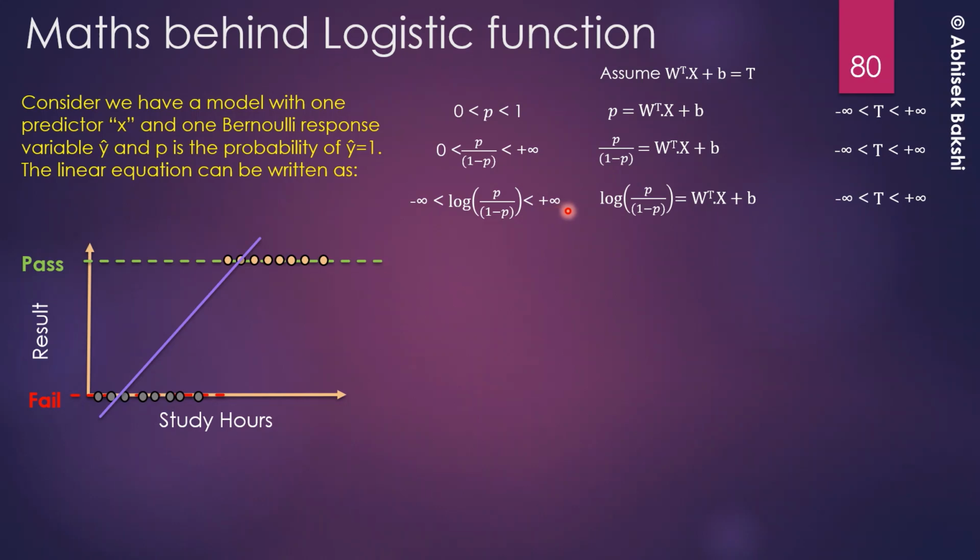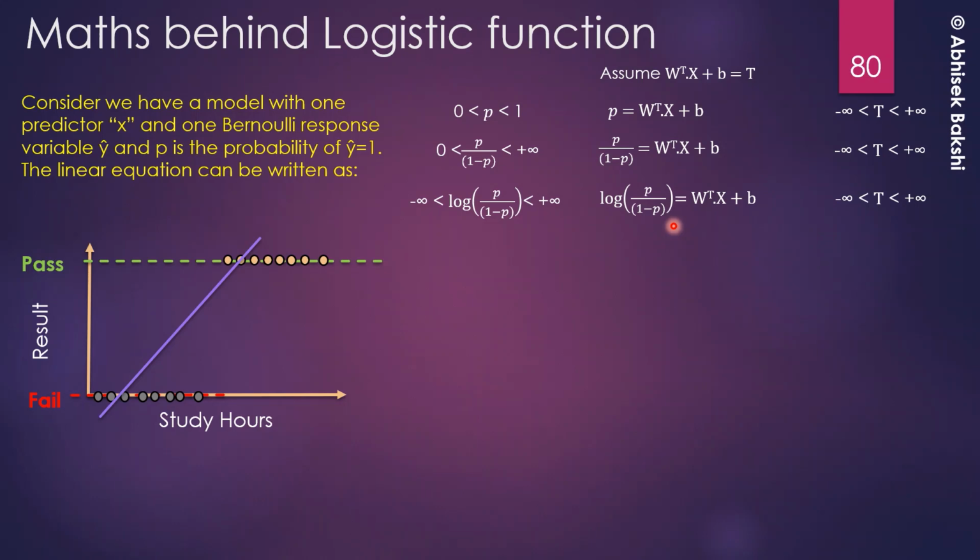You can easily check that on the internet at home. So now see, log of odds of p is actually in the range of minus infinity to plus infinity. That means if we try to equate the equation of the logistic regression function, that is w transpose x plus b, I have to equate it with respect to the log of odds of the probability. This is what it is, right? Now we can proceed.